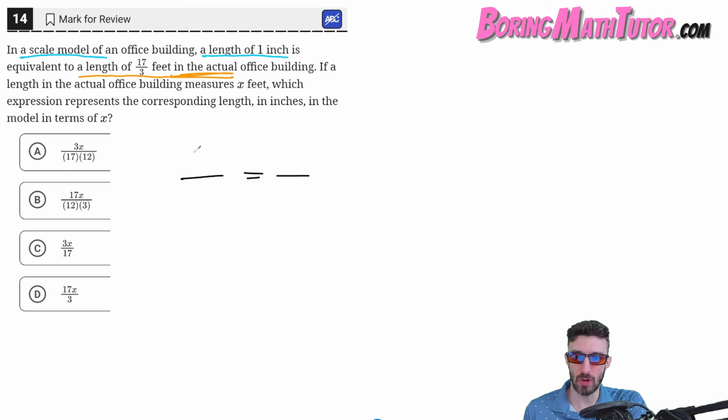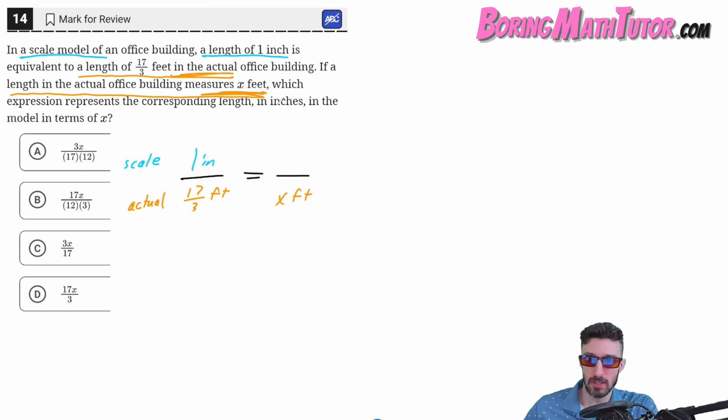So I'm going to start by just writing that down as 1 inch over 17/3 feet. Then it says in the actual building, that measures X feet. So I have to put that on the bottom just like I did before for the other one that was actual. And then I have to put the scale one on the top.